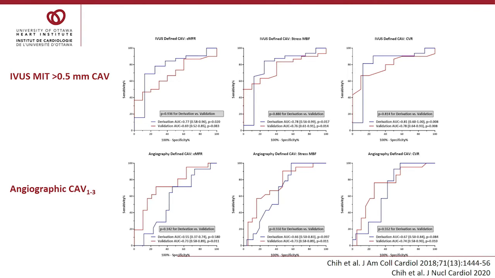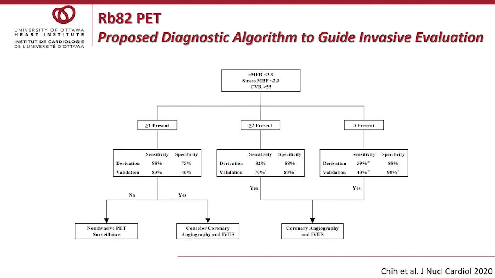Using the derivation cohort, we also determined optimal cut points on PET for CAV, and these turned out to be a corrected myocardial flow reserve of less than 2.9, a stress flow of less than 2.3, and a coronary vascular resistance of greater than 55.